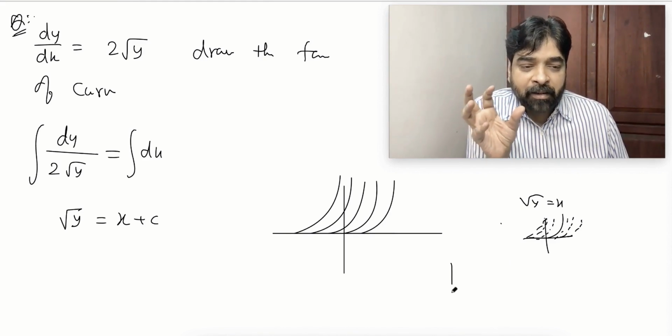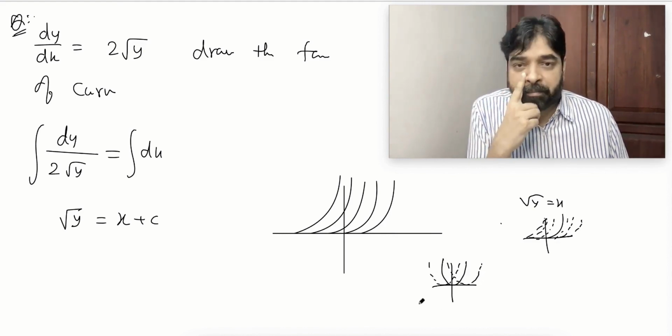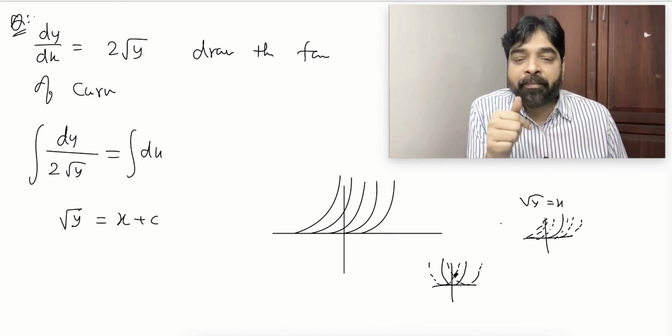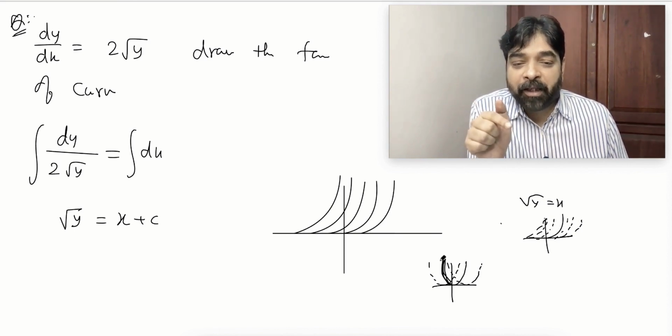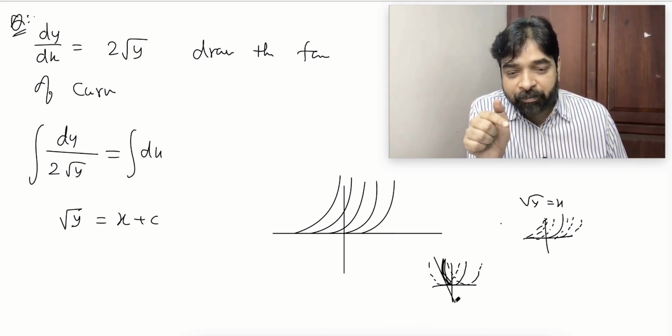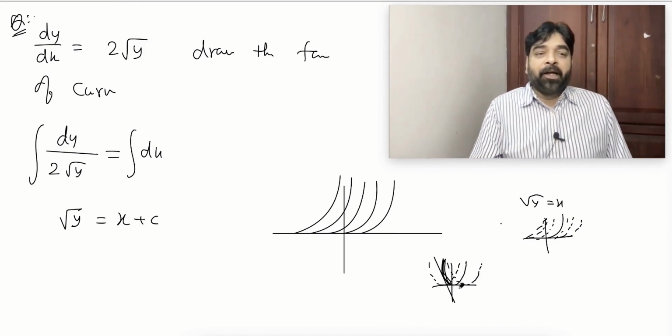By chance, if you draw this graph, it's a blunder. You know why? Because this portion is not possible. Why not possible? Because in this portion, dy by dx will be negative. See, the derivative, the slope of the tangent, will be negative.